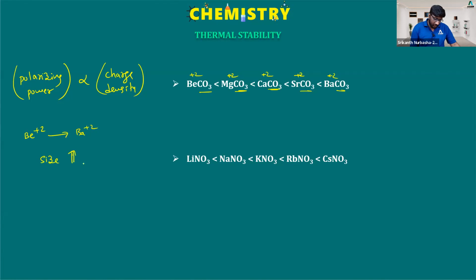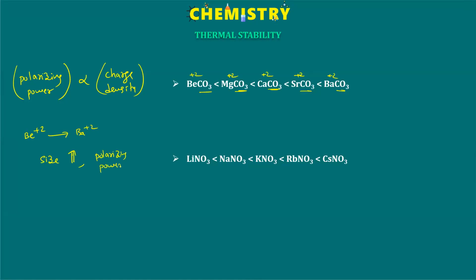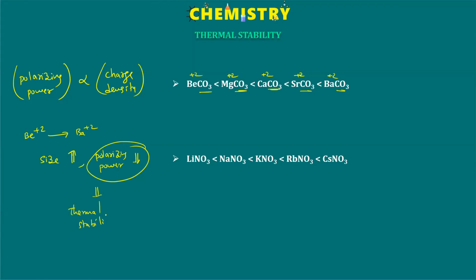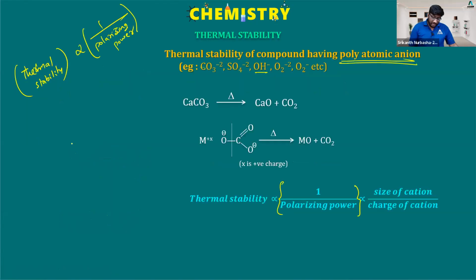Size is increasing. Size increasing means polarizing power decreases. Polarizing power decreasing means thermal stability increases. Thermal stability is inversely proportional to polarizing power.